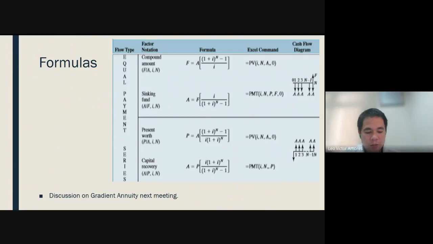So, ang assignment number 3, FYI, kanang assignment number 2, ako na siya i-change ang due date until Friday. Assignment number 3 would most likely be next week ang deadline. So, by Monday, mag-discuss na ta on gradient or gradient annuity.